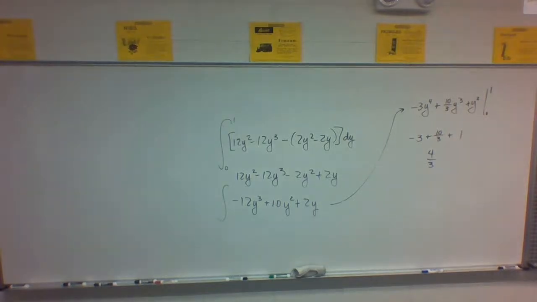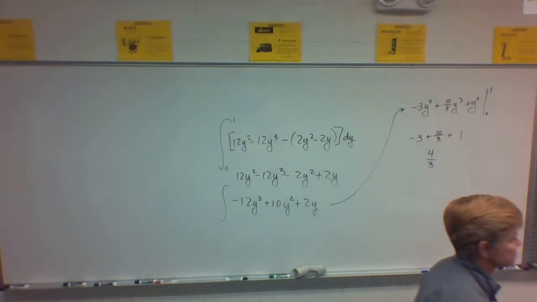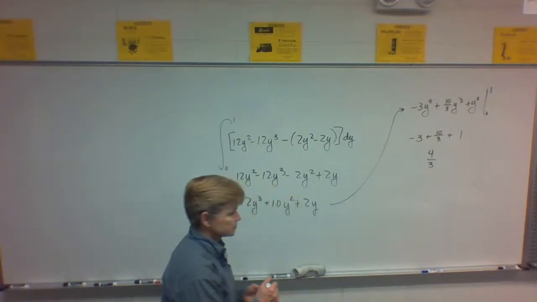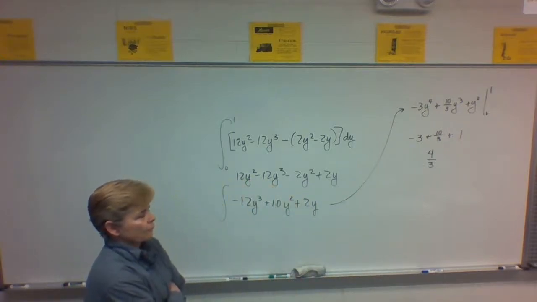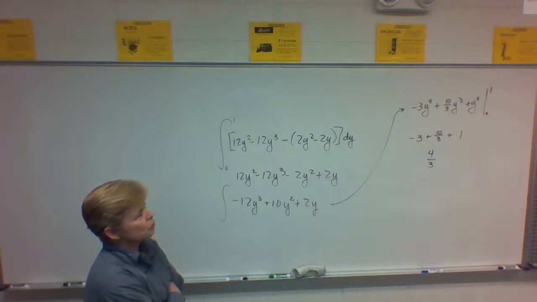Yeah. Oh, good. Well, I did it a completely different way and I somehow still got the same answer. I anti-derived it differently. Well, that can't happen. If you got 4/3 and you got a different antiderivative than me, then you're just lucky, probably.